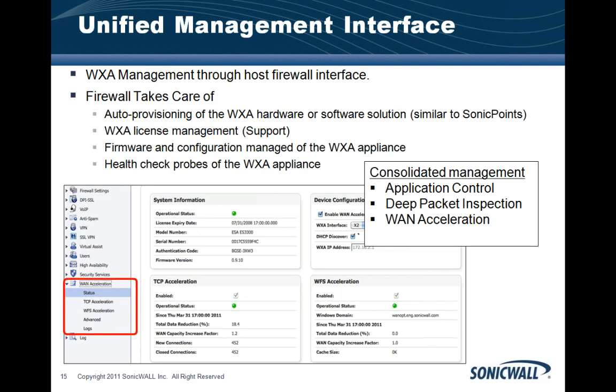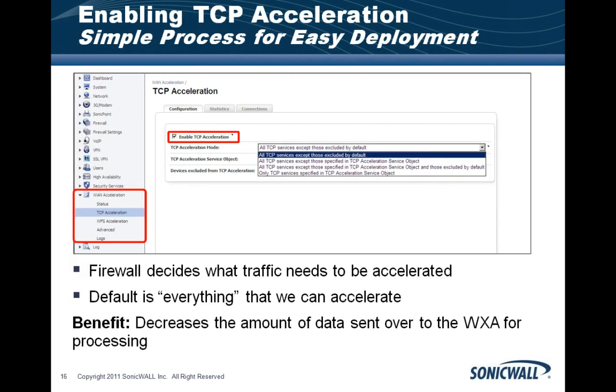The devices are auto-provisioned, both hardware or software. The licensing management is done for you. You can do firmware updates and configuration management. You have some health check probes in case the WXA fails or something happens to the VPN tunnel. The idea here is that we're consolidating the management of application intelligence and control, deep packet inspection, WAN acceleration, VPN, and a lot of other useful security functionality that traditionally might take multiple devices to achieve.